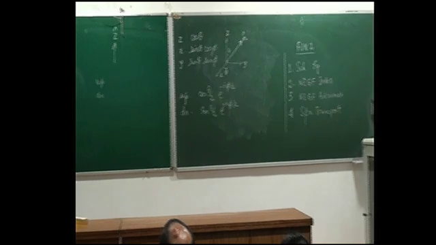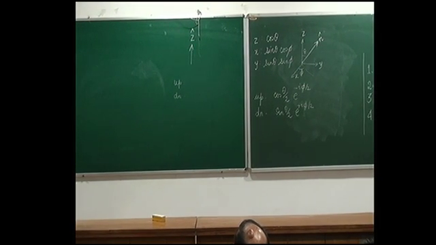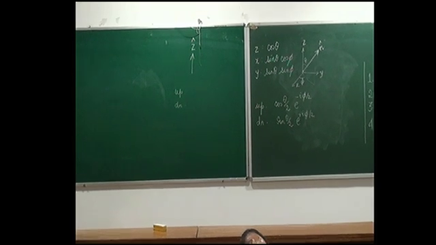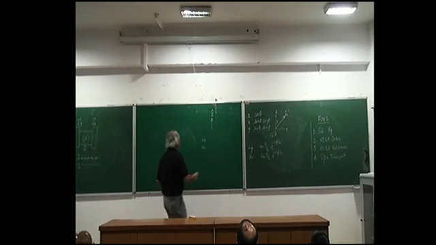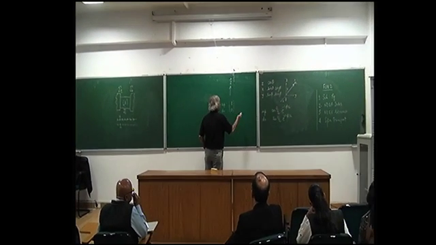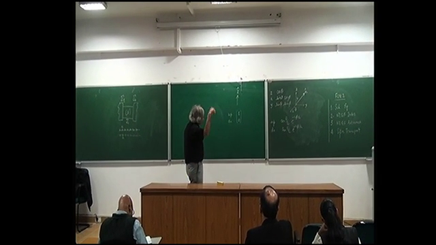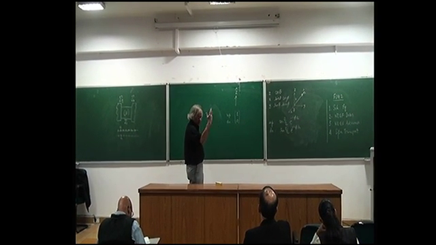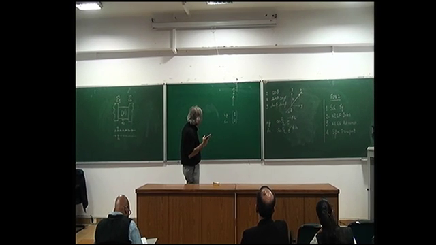If it's pointing along the z direction, it means theta is 0. So cosine 0 is 1, so it's only got an up component. This is 1, 0. That's something pointing along the z direction. If it is pointing along the negative z, that would be 0, 1.